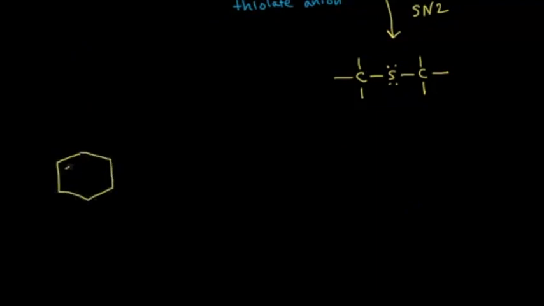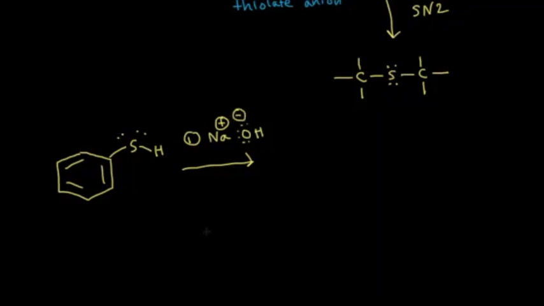All right, so we start with this molecule, and to that thiol, we're going to add sodium hydroxide in the first step. So let's go ahead and write sodium hydroxide here, Na plus, and then OH minus, like that. And then in the second step, we're going to add an alkyl halide.